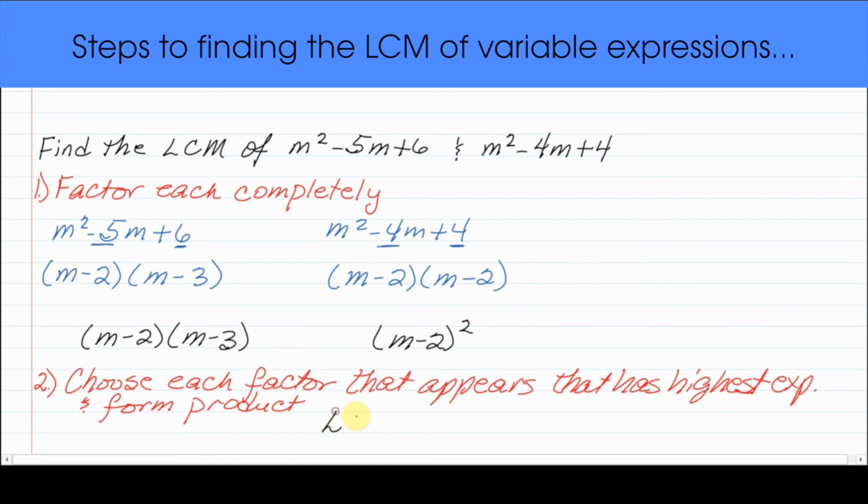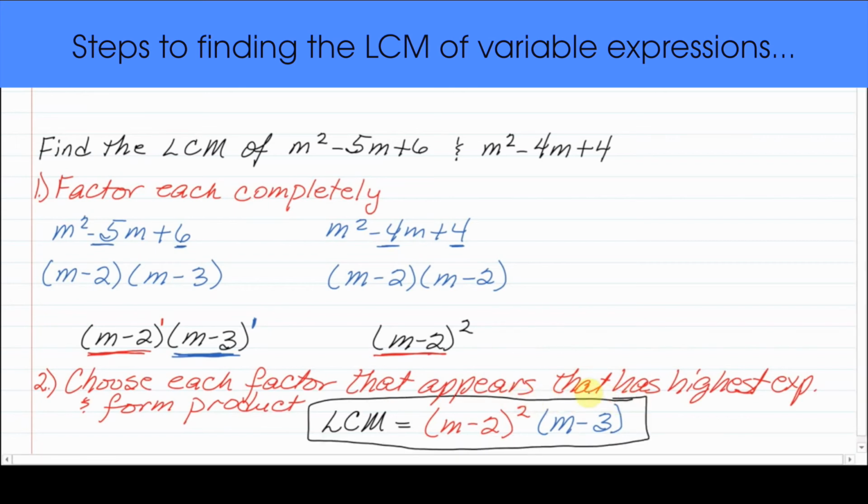So our LCM is going to be equal to, I have an m minus 2 with no exponent, so that's to the first power, and an m minus 2 squared. So the factor that gets pulled is m minus 2 squared times, I have an m minus 3 to the first and no m minus 3 over here, so m minus 3 to the first. So this is my LCM.